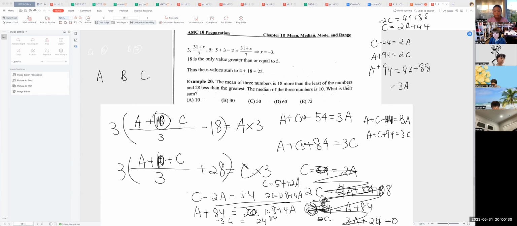So 3A equals 6, so A equals 2. Yay, I get it right. Okay, so because A equals 2, C minus 44 equals 4, so C equals 48. So the answer is 48 plus 2 plus 10. So the answer is 60. So congratulations, Chapter. Congratulations, Victoria. Congratulations, Elaine. And also congratulations, Daniel.